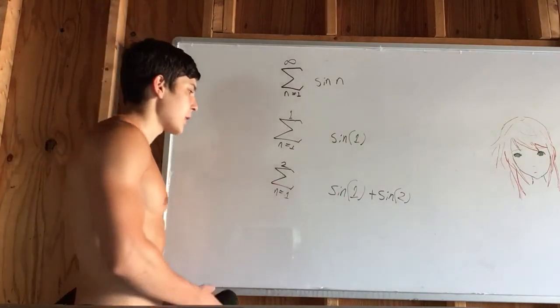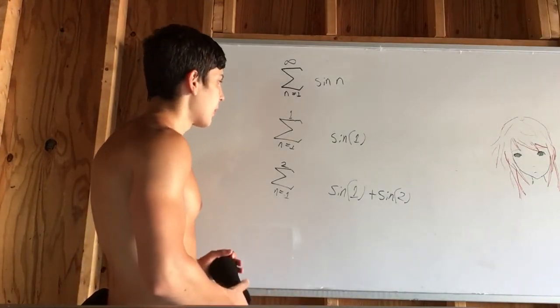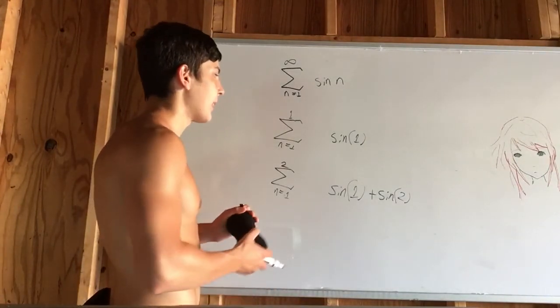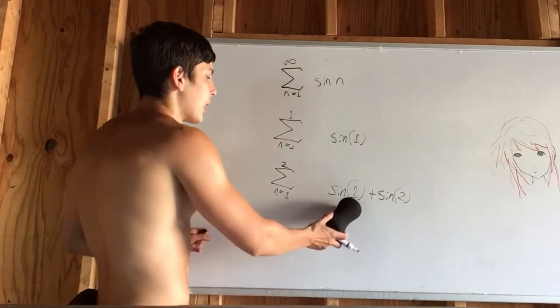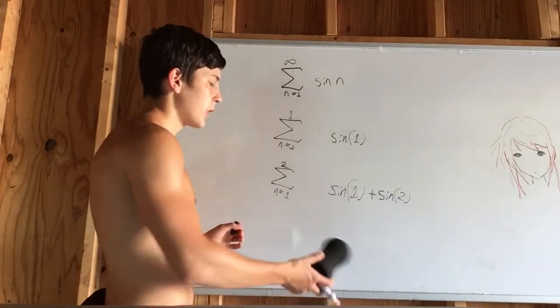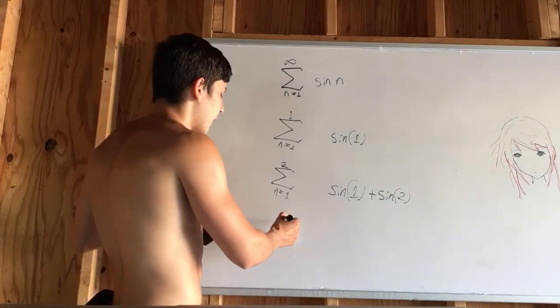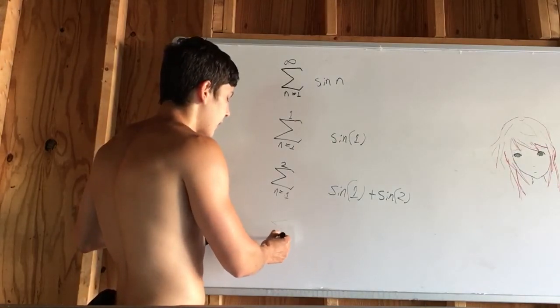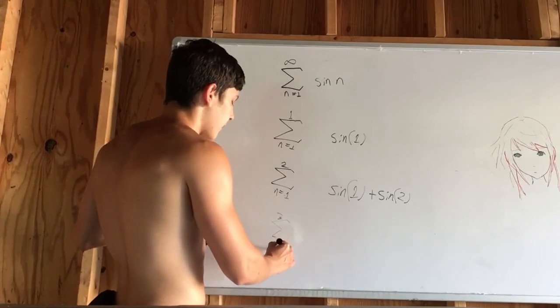And so when we have these partial versions of the sum, this is what we're analyzing. We're analyzing, what if we just plug in 1 term? What if we plug in 2 terms and add them? What if we plug in 3 terms and add them? What if we plug in 4? And this is how we get an intuition for where this is going.